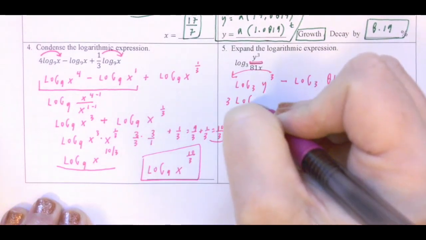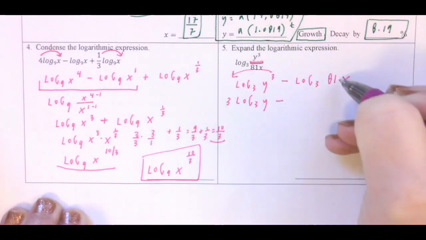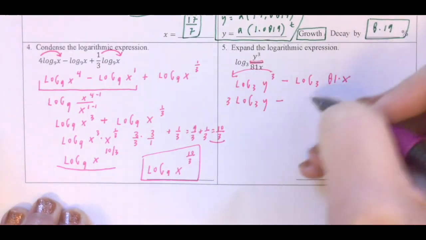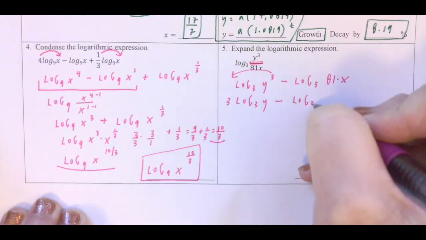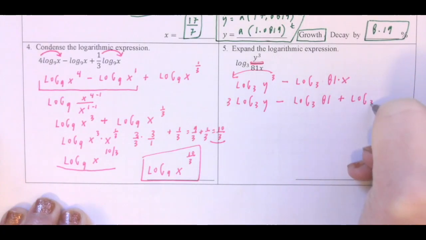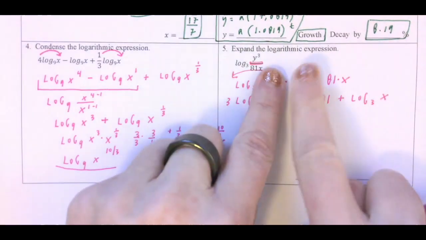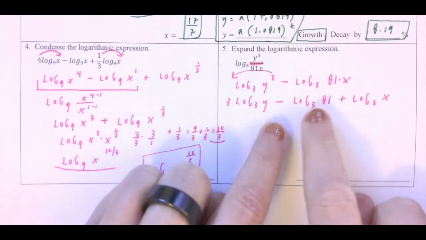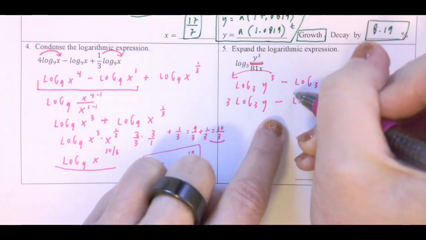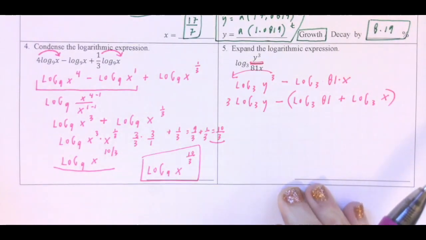3 times log base 3 of y. Okay, minus, again, that's a product. So I'd say log base 3 of 81 plus log base 3 of x. But what I have to remember is that this right here is a package. So when I write it out in this next step, I have to make sure it stays as a package with parentheses.